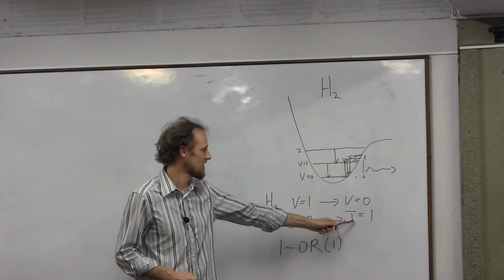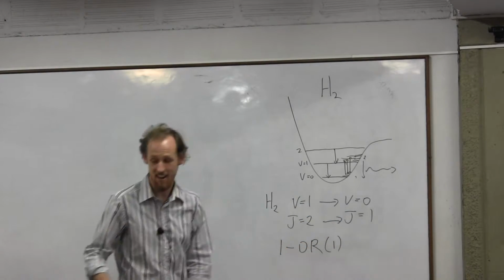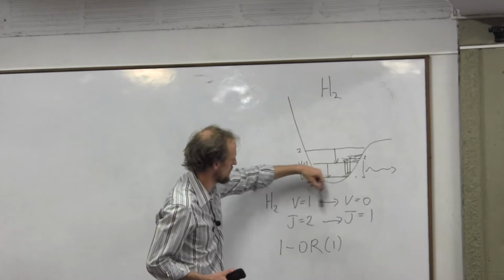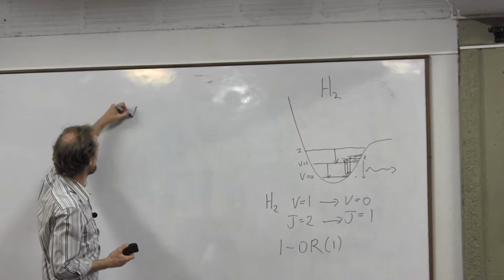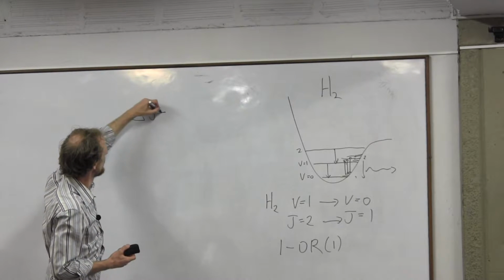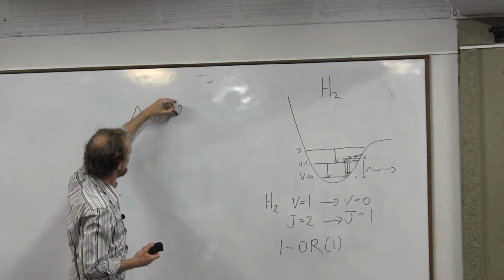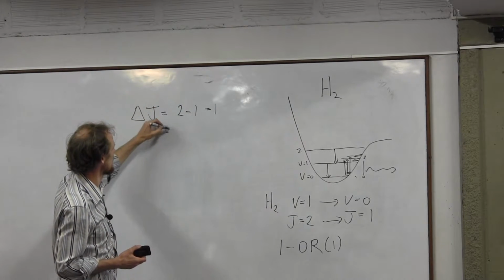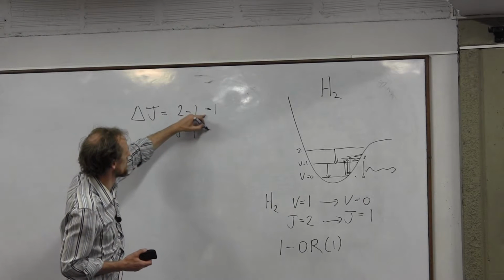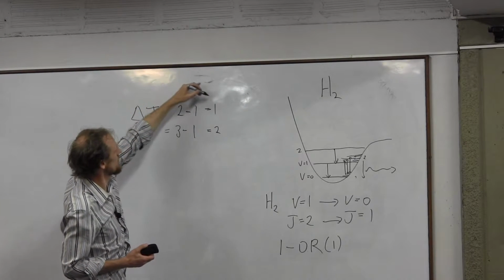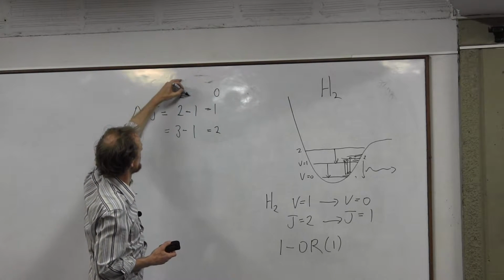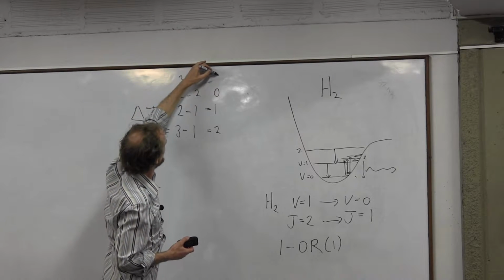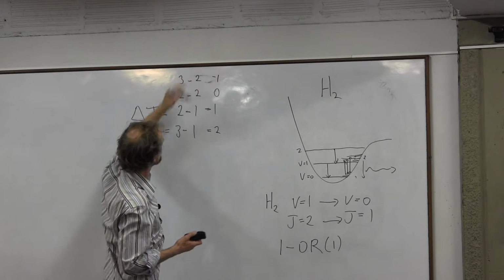And 1 means this one. The lowest rotational level is put in there. And the R tells you about the change in J. In this case, J has gone from 2 to 1, so the change in J equals minus 1. Fair enough. You could alternatively have a transition from 3 to 1, and then that would be a change of 2. You could alternatively have a transition which was the same rotational level, and so forth.